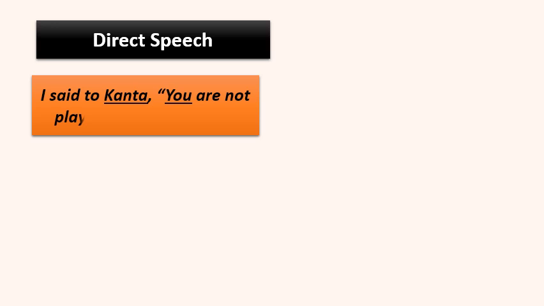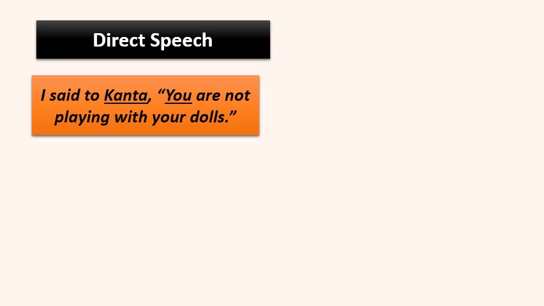I said to Kanta, "You are not playing with your dolls." So according to rule number 2, if the reported speech of direct speech contains personal pronouns or possessive adjectives of second person, as you can see that you is a second person, then they change according to number and gender of the object of the reporting verb.